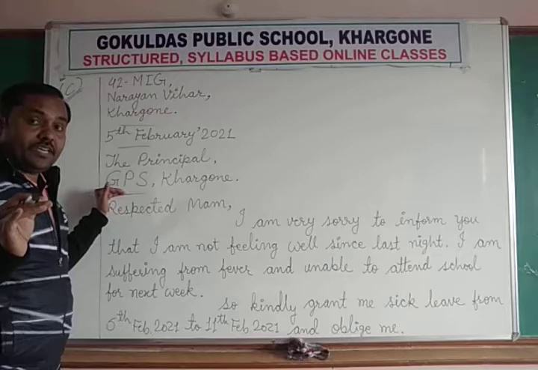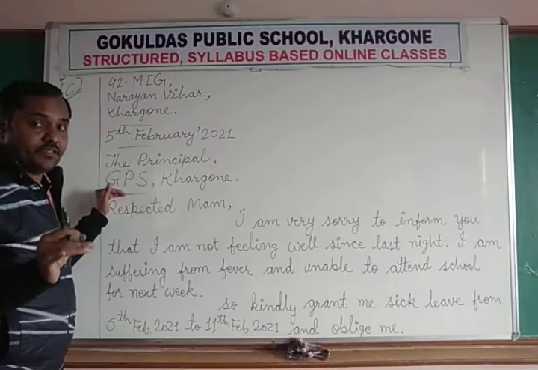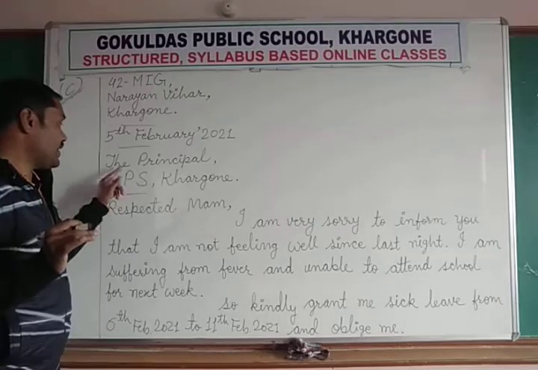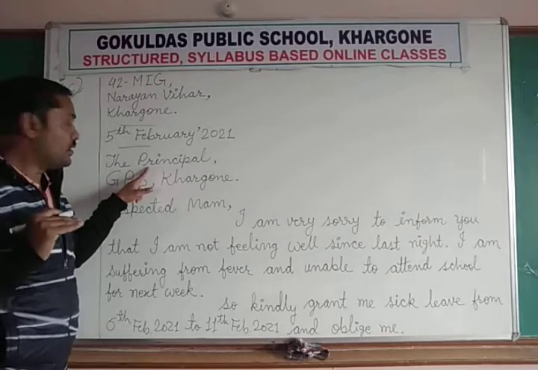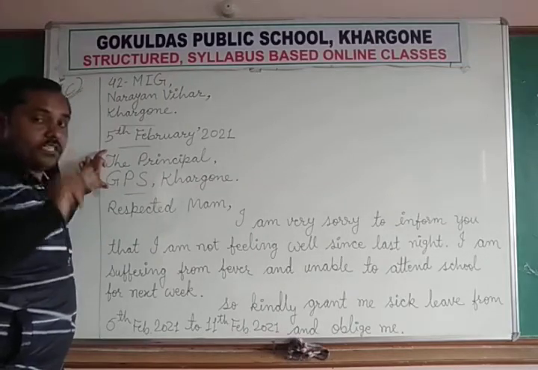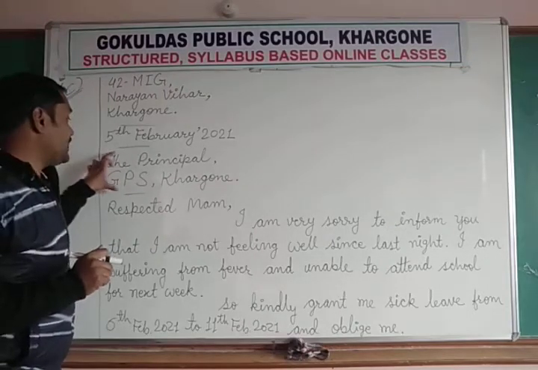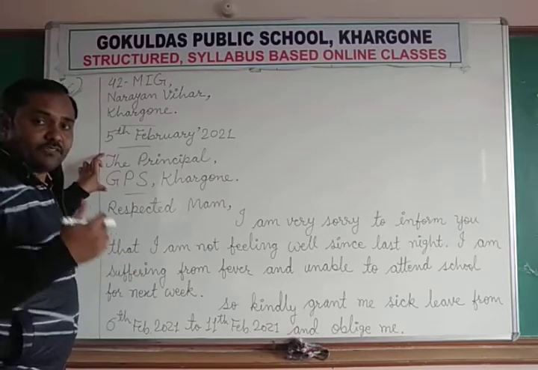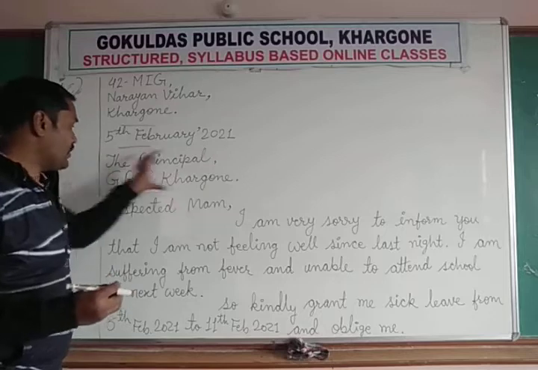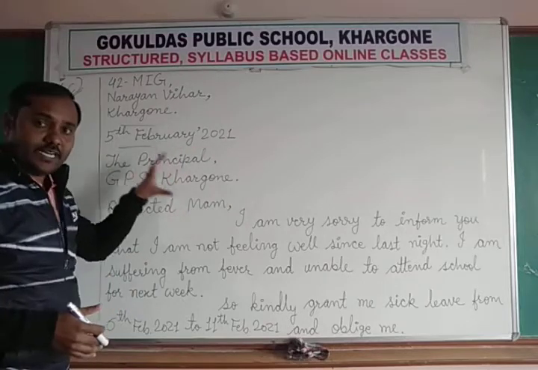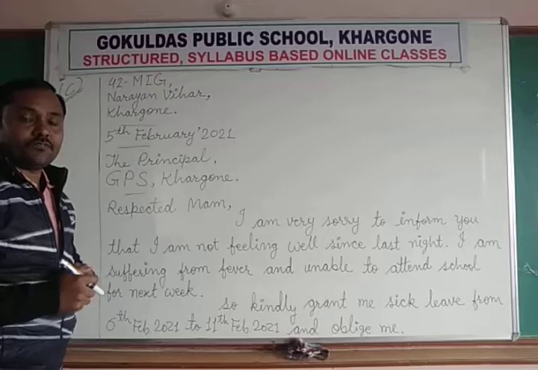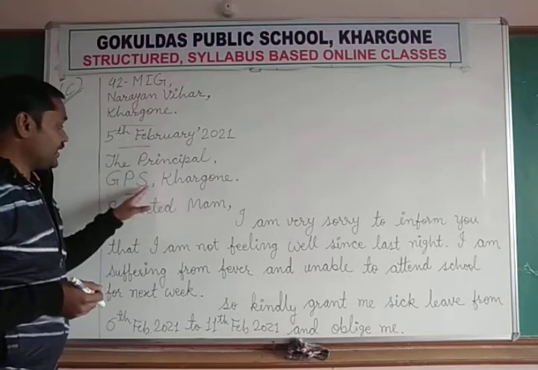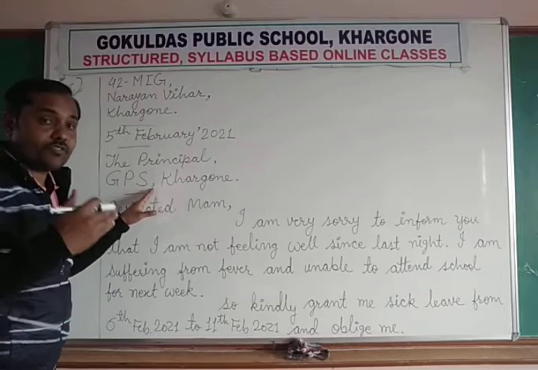Whenever we write formal letters to any office or any person who has a designation, just like principal is a designation, a post, in this formal type of letter we also write this second address. When we write informal letters to relatives and friends, we don't write their address; we write it on the front of the envelope. But in formal letters we also write the address of the recipient.